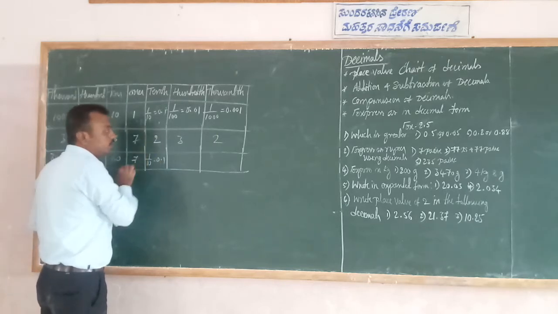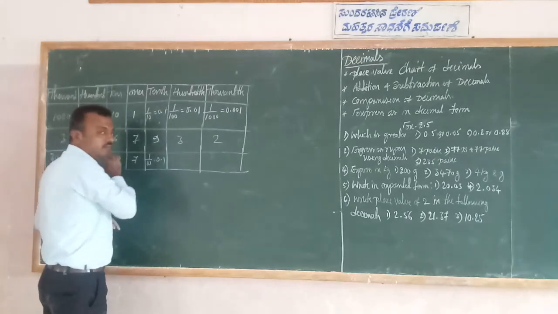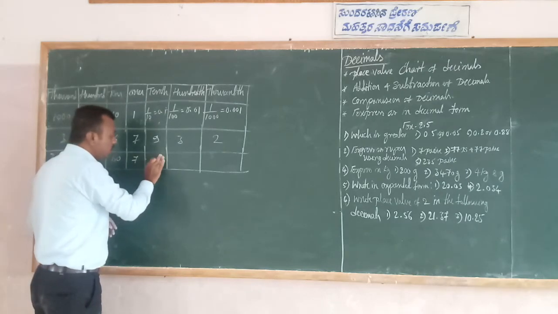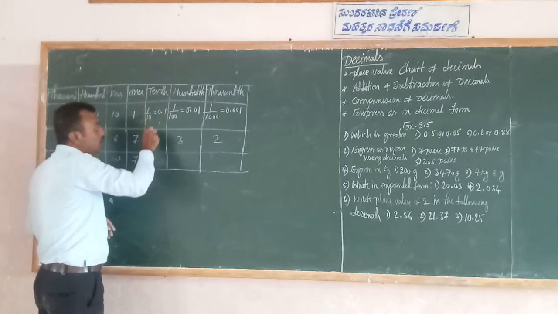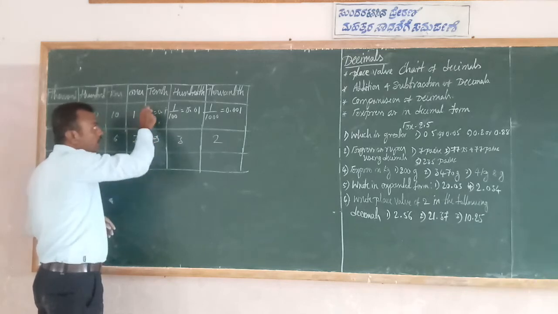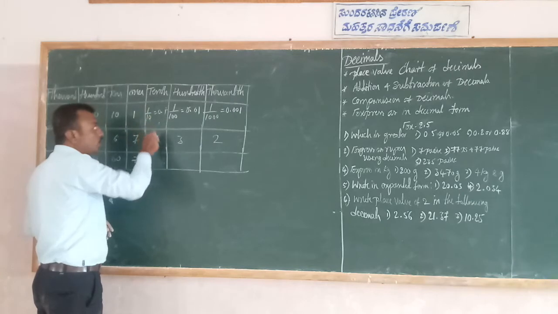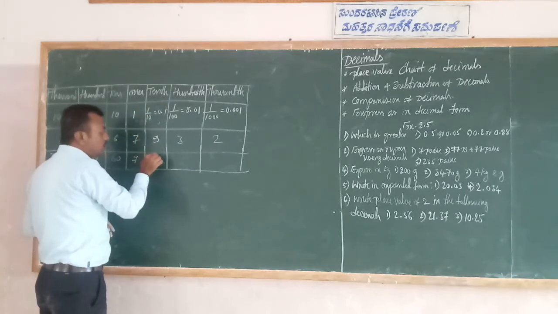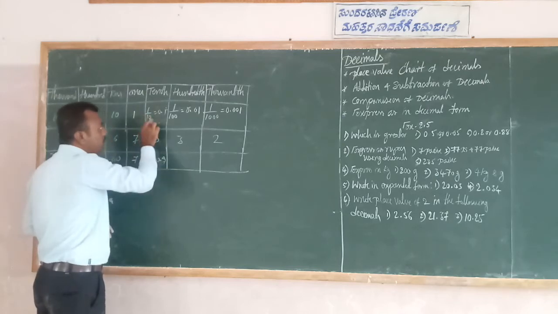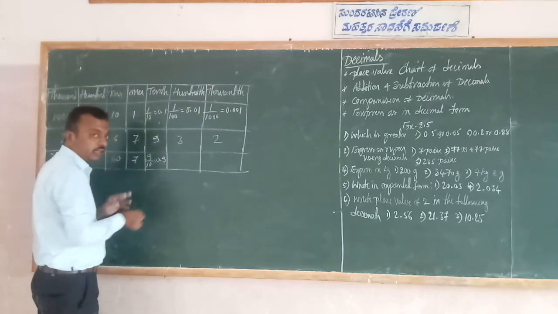Otherwise, if it is 2 or 9, anything, the value of the tenths place is 1 by 10 or 0.1. Suppose 1 means 1 by 10, 2 means 2 by 10, 9 means 9 by 10, or 0.9. Here 1 by 10 means 0.1, 9 by 10 means 0.9, like that.